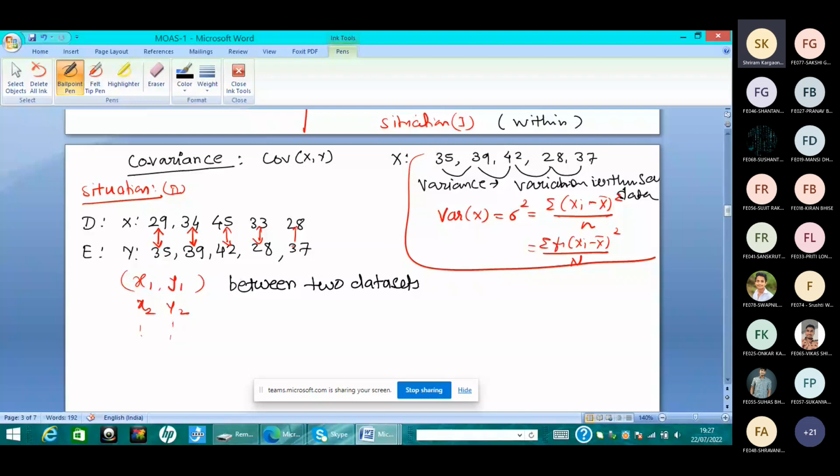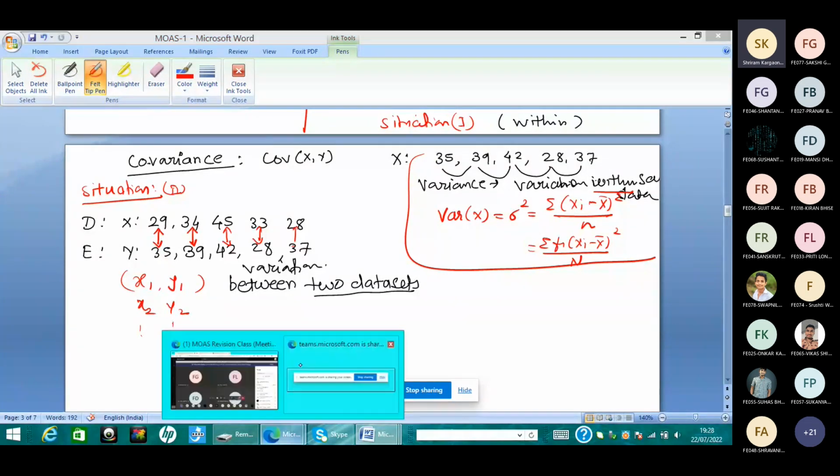So when you study the variation between two data sets, it is called the covariance. Here the word I used earlier is within, meaning the same data, and here between means two or more data sets are there. So this is called the covariance.